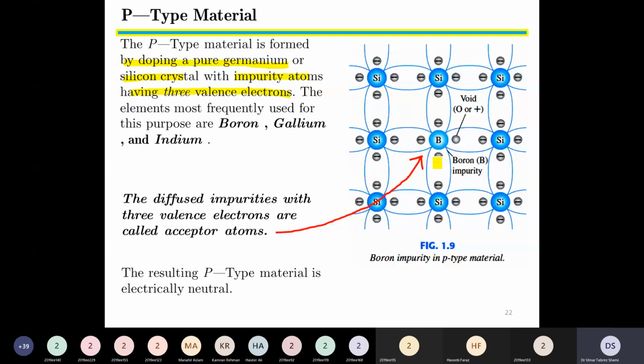These are the 3 covalent bonds due to the boron, but one covalent bond is incomplete. So in boron, or in p-type material, there are only 3 covalent bonds, and one covalent bond is incomplete. This makes it the acceptor atom because it is ready to accept one electron and complete its outermost octet.